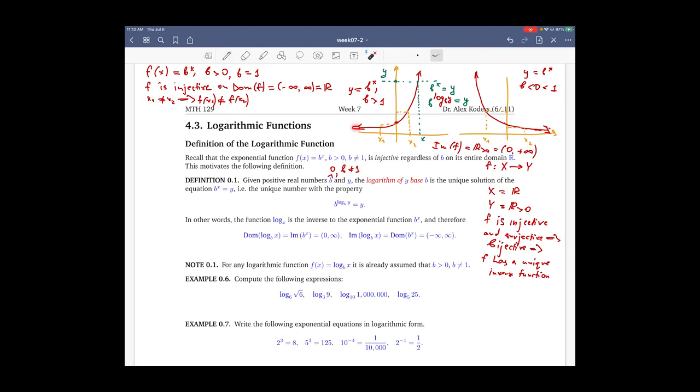So when we consider the curve b to the power x, it will intersect exactly once with any horizontal line that is above the x-axis, and the x-coordinate of that unique point where the curve b to the power x intersects with the line y equals b, the x-coordinate of that point, that distance, is called logarithm of y base b.